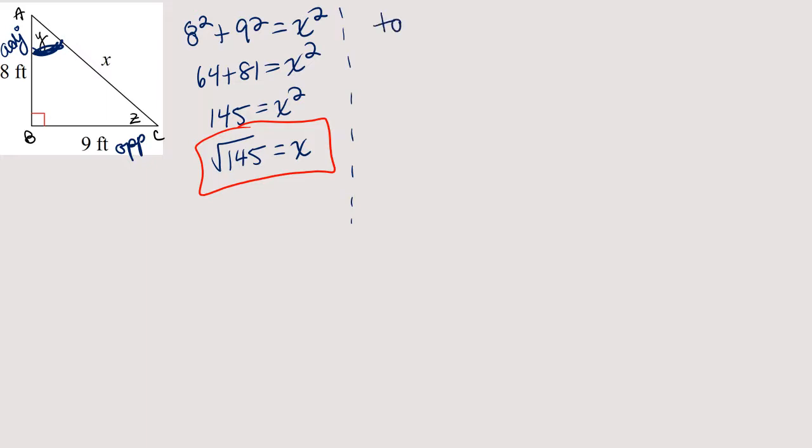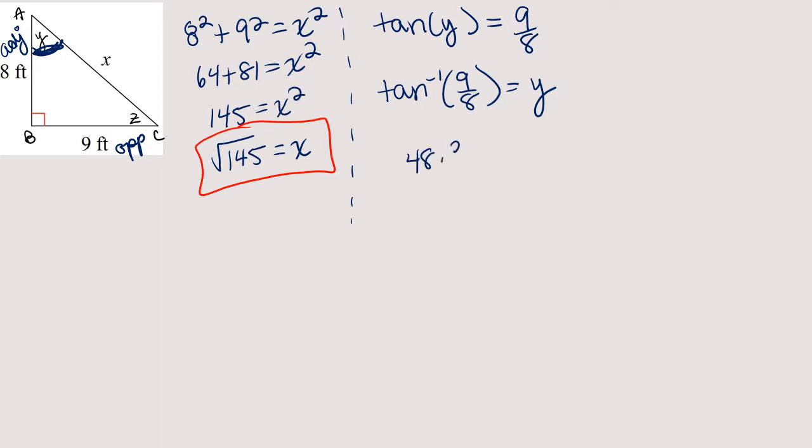So that means the tangent of whatever angle y ends up being has to equal opposite over adjacent, or 9 over 8, which means we can find angle y by doing the inverse tangent of 9 over 8. And if we do that, we end up with 48.367 degrees.